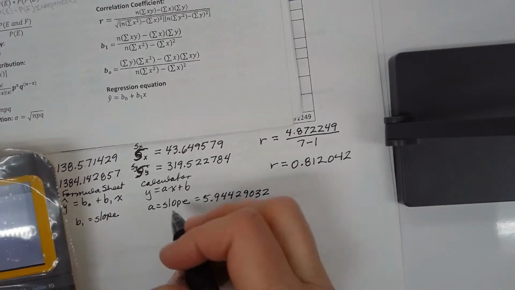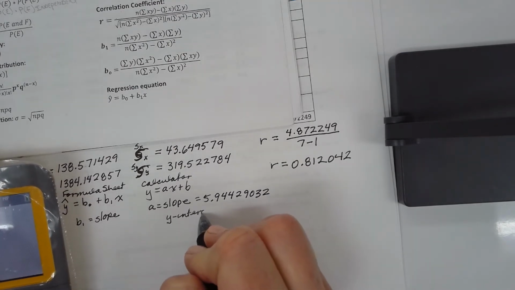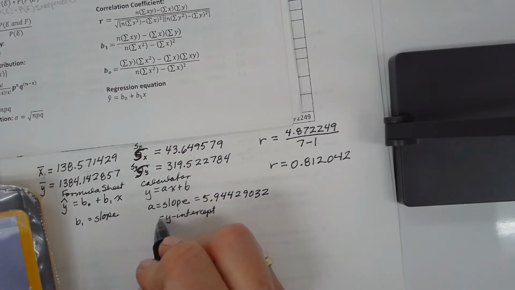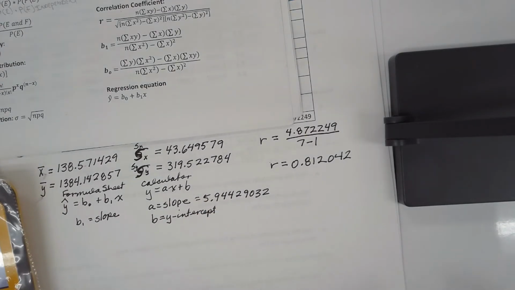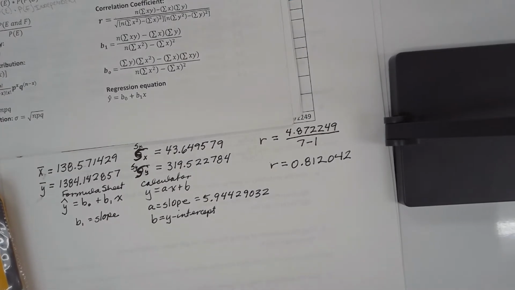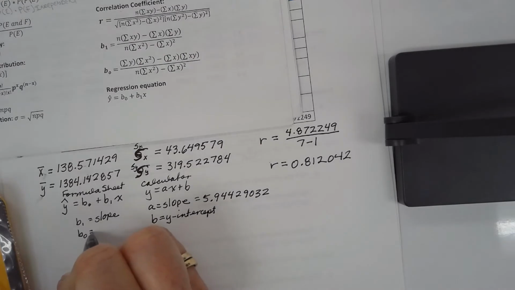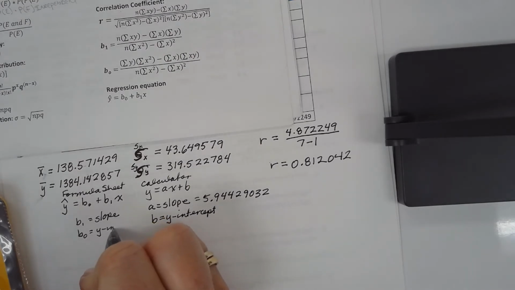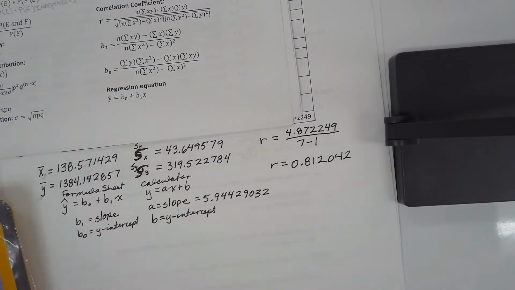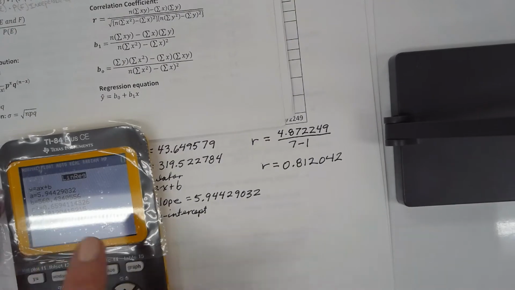It's the y-intercept, right? Okay, so in this formula, the b stands for the y-intercept. In this formula, which one is the y-intercept? B naught. Okay. All right, so what did we get for the y-intercept then here?